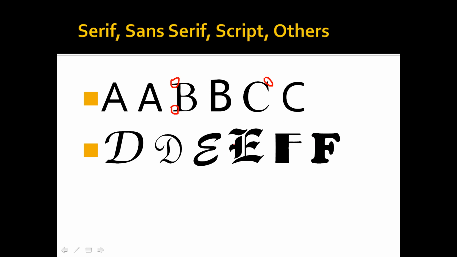This is called serif font. And font which has this is called serif. We all know what sans is, without. So font which does not have this serif part is sans serif font. This is sans serif, without serif.